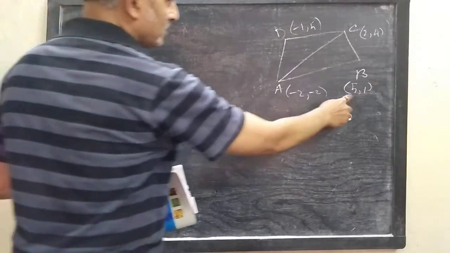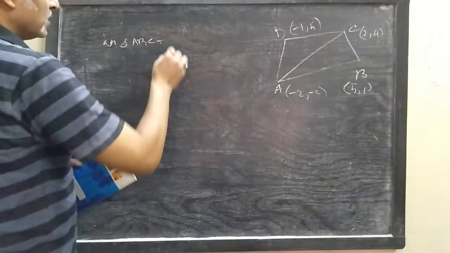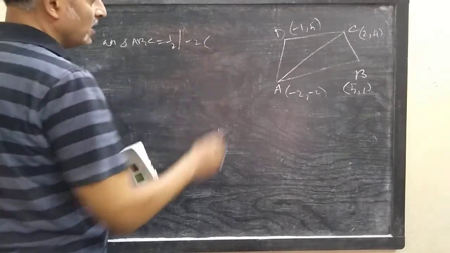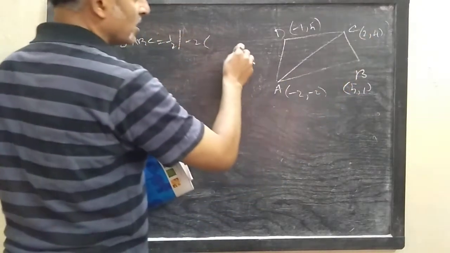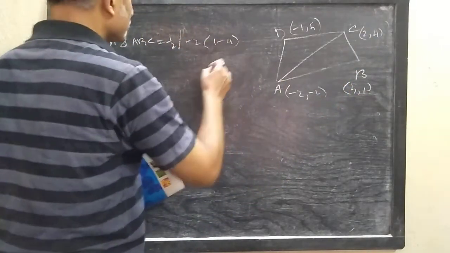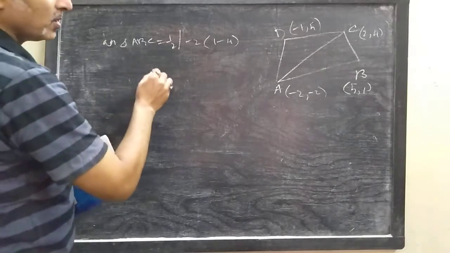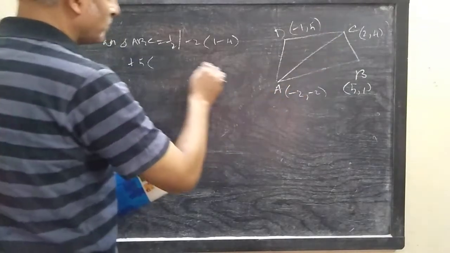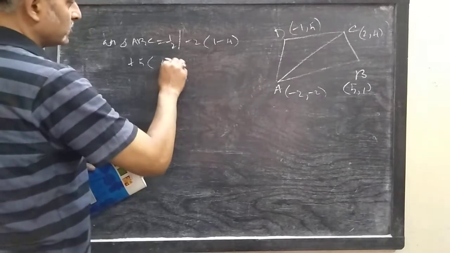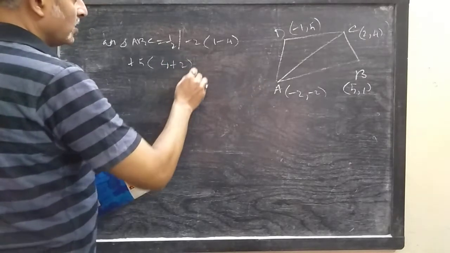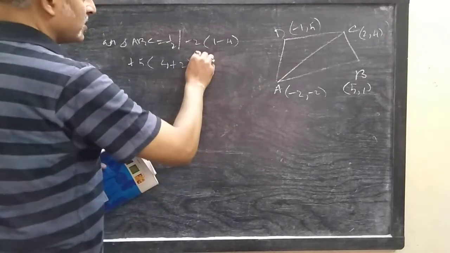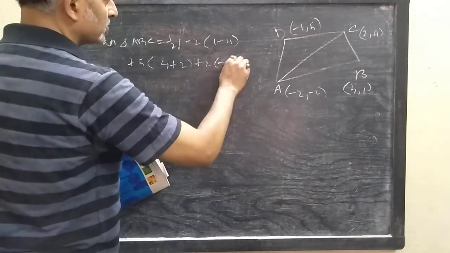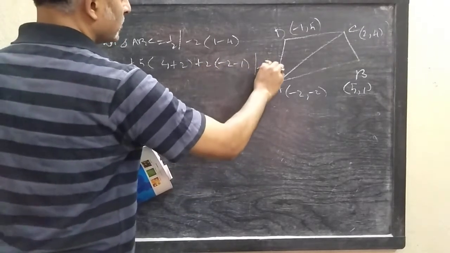This is x1, y1, this is x2, y2, this is x3, y3. This will be half mod of x1, which is -2, into y2 minus y3, 1 minus 4, plus x2, which is 5, into y3 minus y1, y3 is 4 minus y1, so this will be plus 2, plus x3, which is 2, into y1 minus y2, -2 minus 1, mod closed, square units.